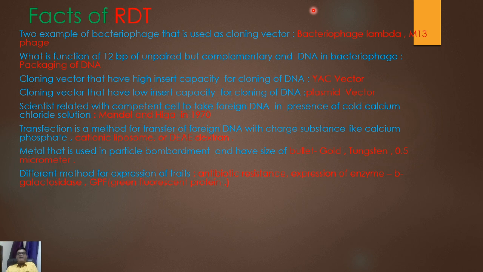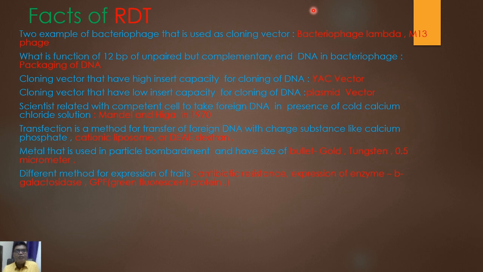Then next is the expression of the enzyme beta, that is B for beta galactosidase. A beta galactosidase enzyme is coded by a gene, that is the LacZ gene, and that LacZ gene is present in the pUC plasmid of E. coli bacteria.